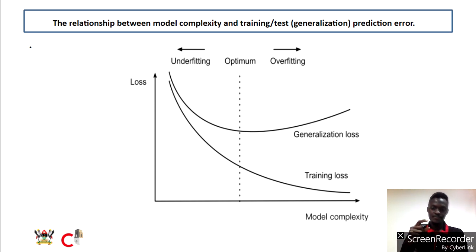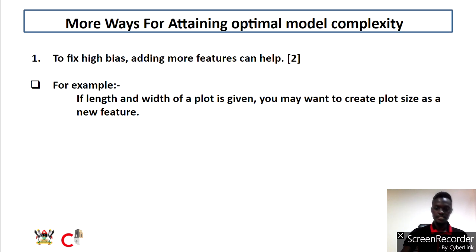The gap there is an indication of overfitting. But if the model complexity is low, the training loss is high and the generalization loss is also high, and the little gap indicates underfitting.